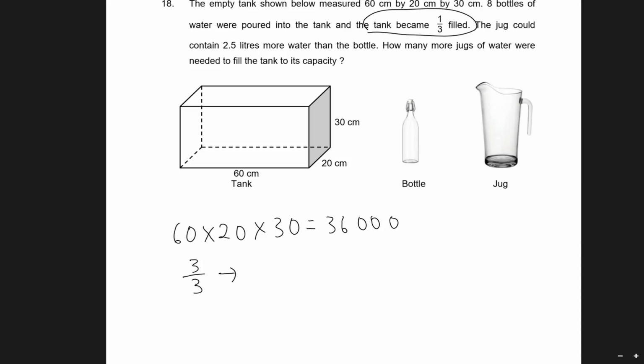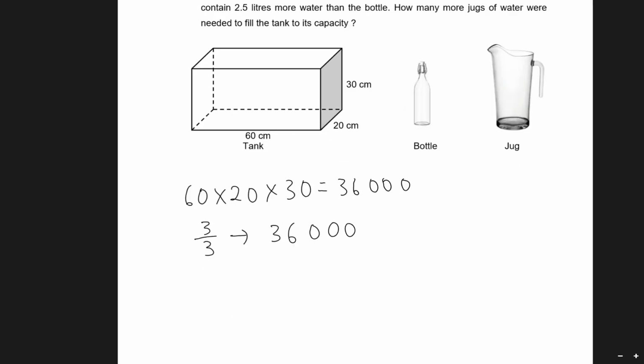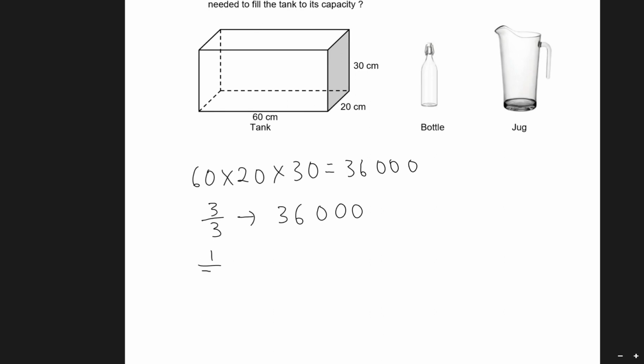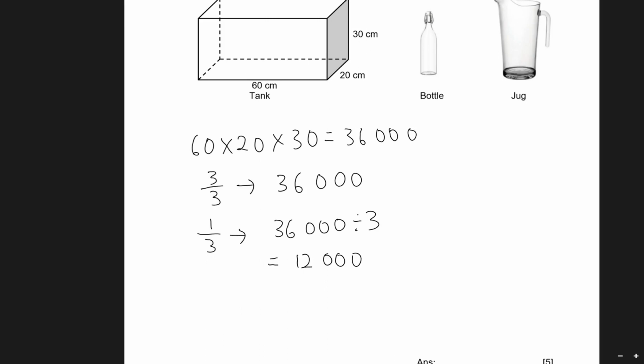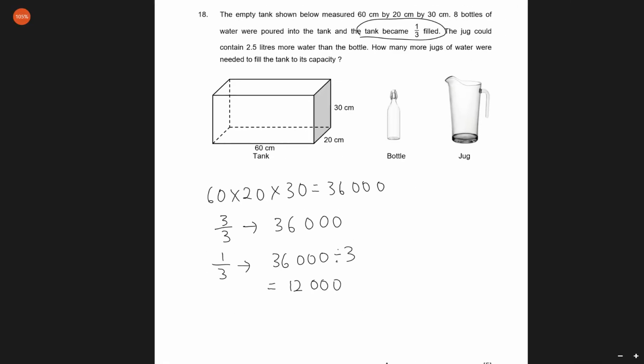So if it is fully filled, it will be 36,000. But the problem is only 1/3 filled. So we want to only find how much the water is when it is 1/3 filled, which will give us 12,000. Now all these are in cubic centimeters. Okay, so let's continue the story.